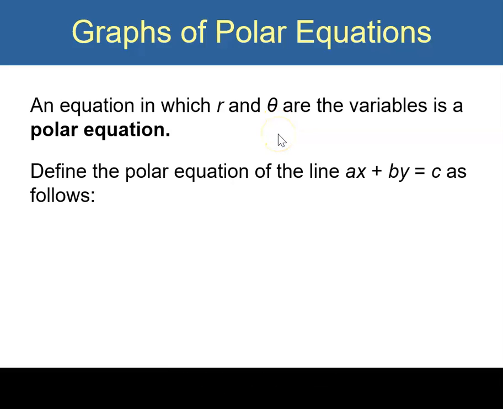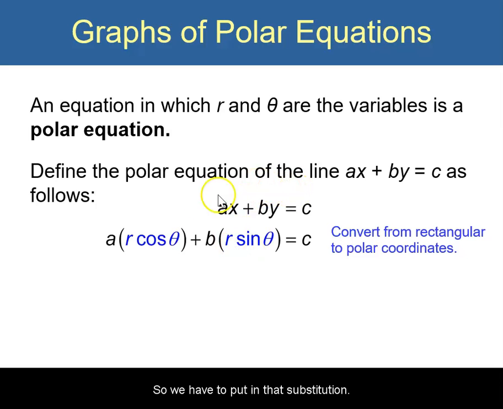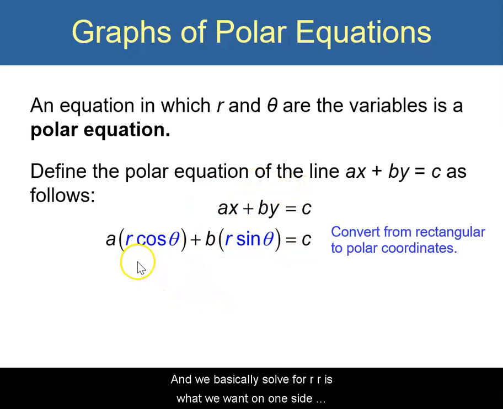Okay, so define the polar equation of the line ax plus by equals c, or y equals mx plus b, if we move this around, as follows. So remember, x is r cosine theta, y is r sine theta. So we have to put in that substitution, and then we basically solve for r. R is what we want on one side, everything else on the other, just like here, where I generally would solve for y and put everything else on the other side of the equation.